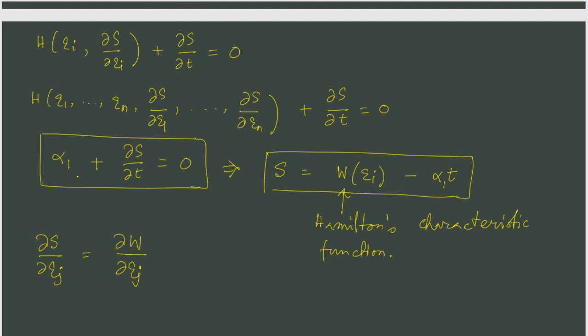So we substituted that to be alpha 1. Now you might ask, why alpha 1? Alpha 1 was reserved for del S del q1, its corresponding coordinate; it was more like a new momentum. So why do we choose the new momentum to be energy? The answer is, why not? Nothing prevents us from choosing a new parameter.